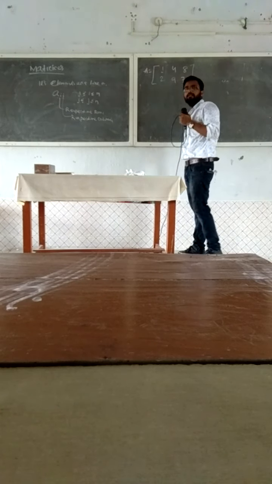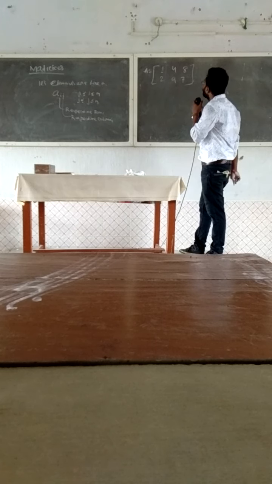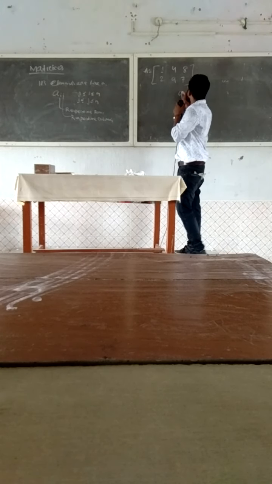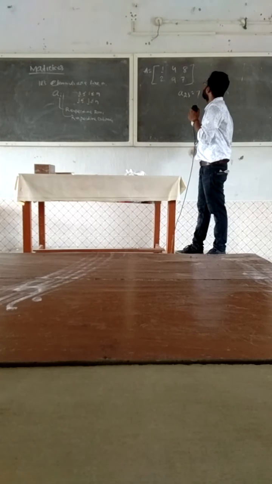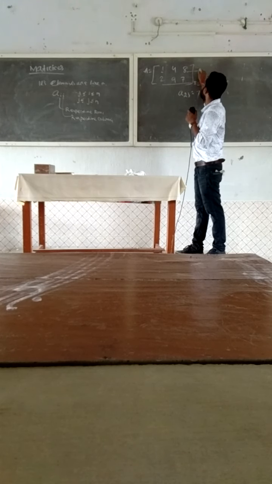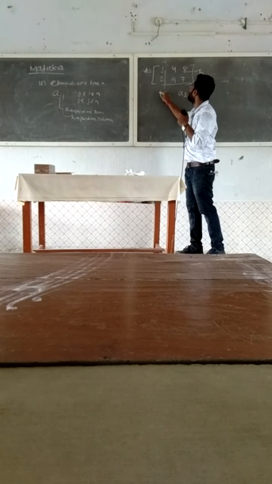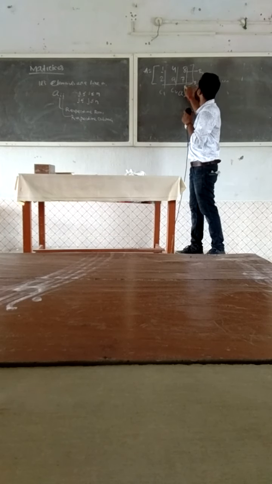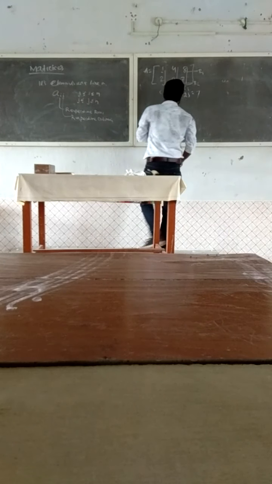And the question will be, what is the element at position A23? A23 is the element 7, because the question asks for the second row and third column. This is the second row, this is the first row. And the third column, this is column 1, this is column 2 and this is column 3. So A23 is 7.